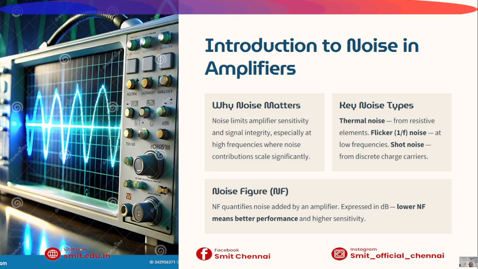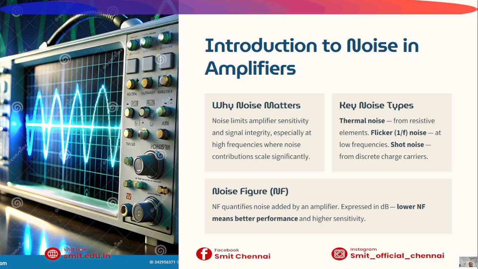Noise is an unwanted electrical signal that interferes with the desired signal. In amplifier circuits, noise limits sensitivity and reduces signal quality. There are three major types of noise. The first one is thermal noise, which is generated due to random movement of charge carriers in resistive elements.